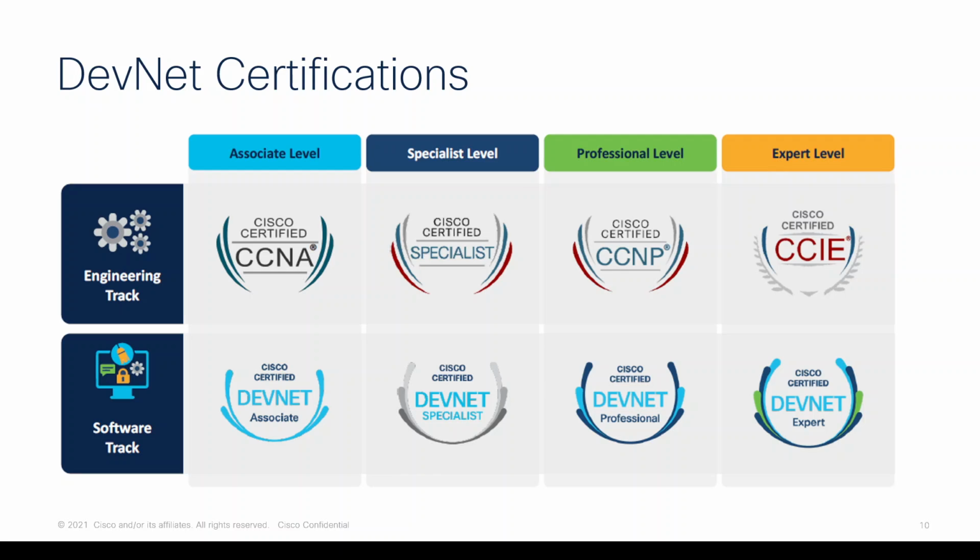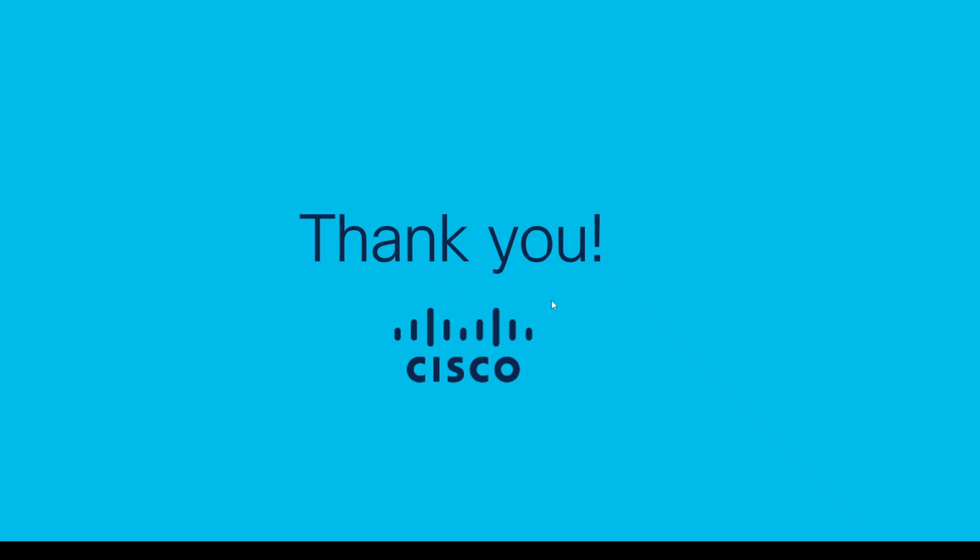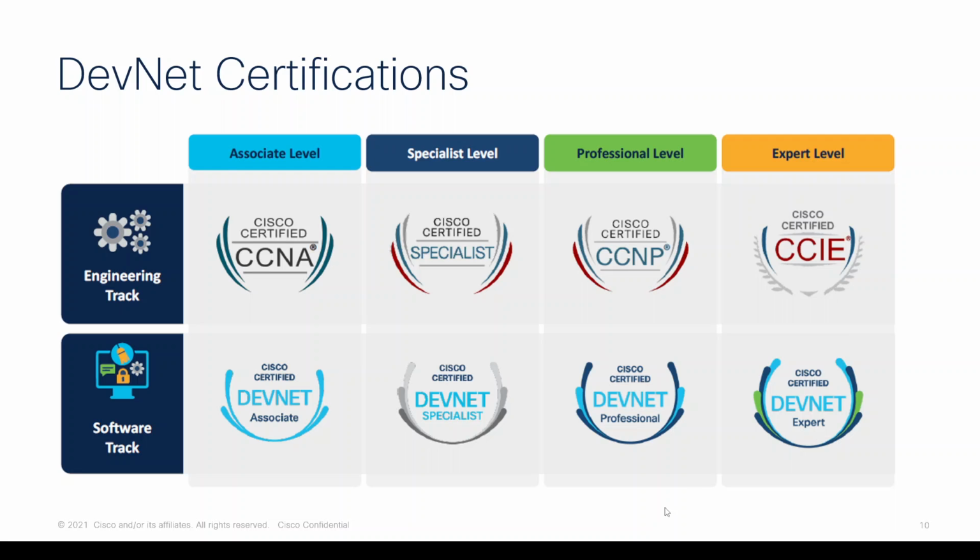Here's one last slide that shows the different DevNet certification levels. One last closing note is the engineering track is about 75% engineering and about 25% software on the exam, and the software track is about 75% software and about 25% engineering on the exam.